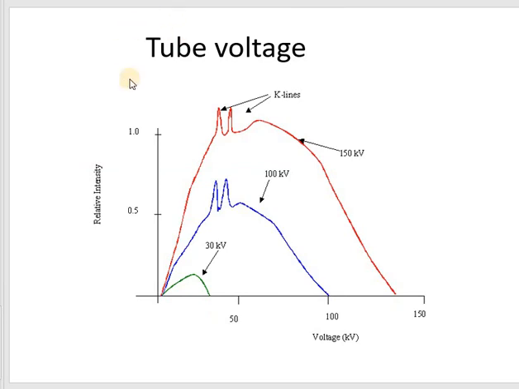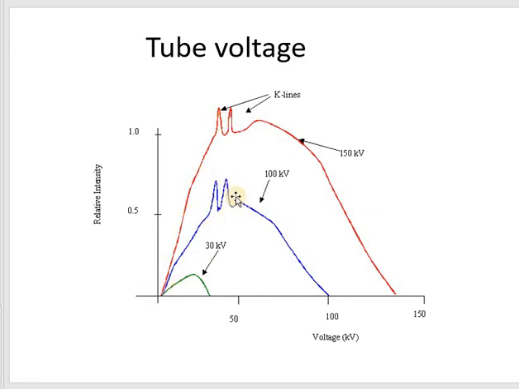So in this example, the voltage is 150 and the highest peak of the Bremsstrahlung is at 50. And if you set it at 100, the peak is at less than that, and this is the characteristic peak. It is unique to the binding energies of the target anode.